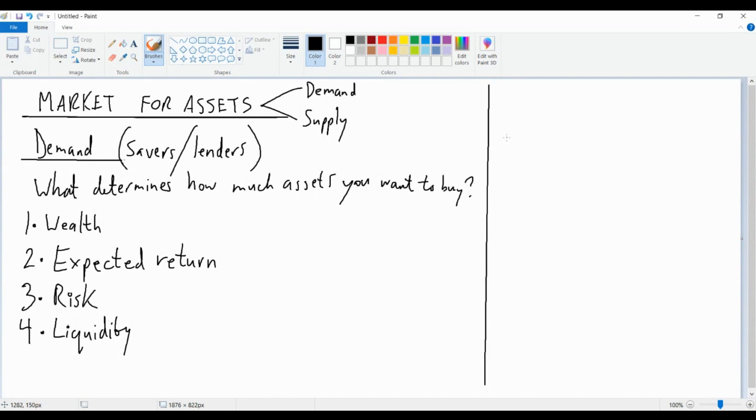We're also going to want to take apart and analyze the supply of assets. And if the demand for assets is savers and lenders, then you'd think, well, that must mean that the supply of the assets is borrowers, and that would be true, of course. If I'm supplying an asset, it means I'm giving you a promise that I'm going to pay you money later.